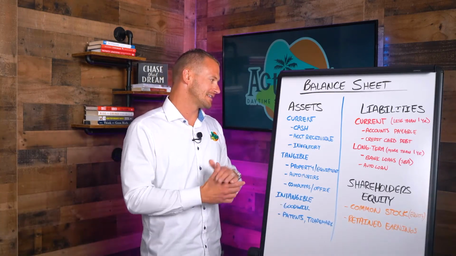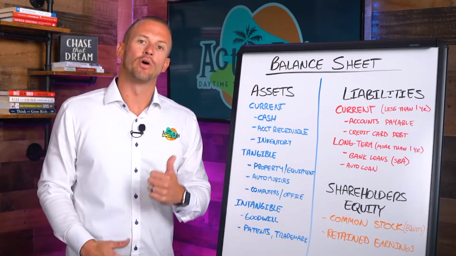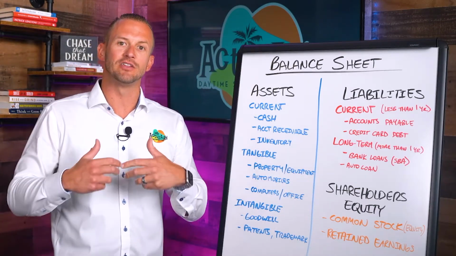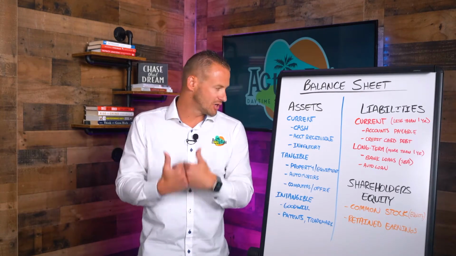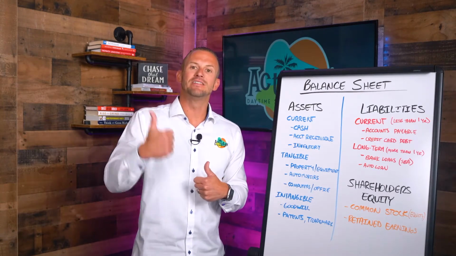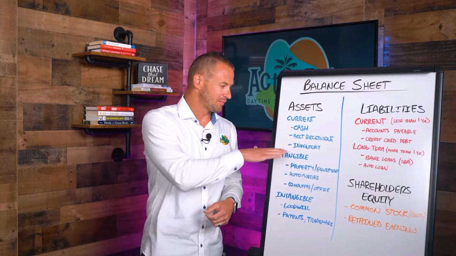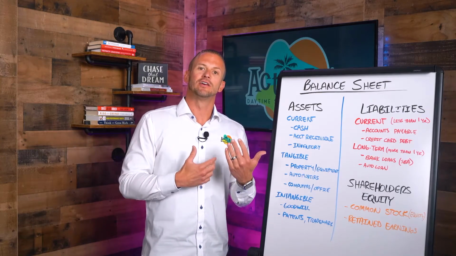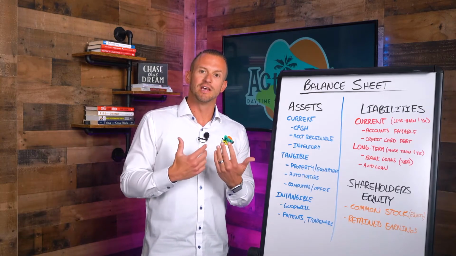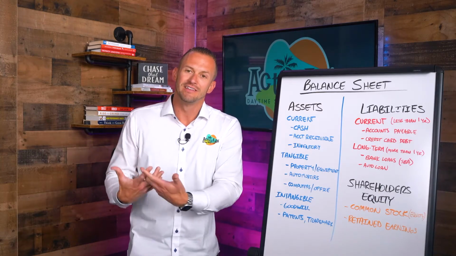So on the asset side, current assets are things like cash or your accounts receivable, money that you've billed out for services rendered that you're waiting to collect a check on. And it might be inventory, things that you actually have in-house, and this might apply more so if your business has to do with selling products and goods, because that inventory is essentially like cash sitting on the shelf that needs to be sold.